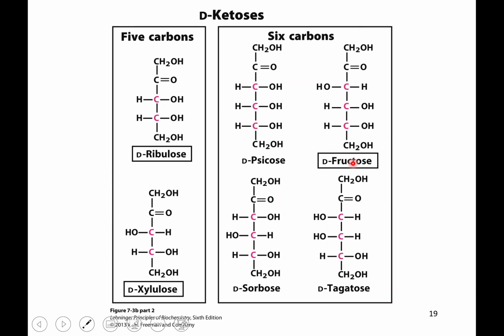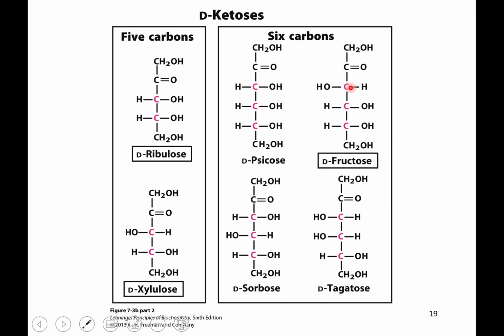and that's fructose. Fructose is the ketose form of glucose. So this is our carbon 1. This would normally be a carbonyl group in the aldose form for glucose, but now that carbonyl moves into what would be carbon 2, forming the ketone.